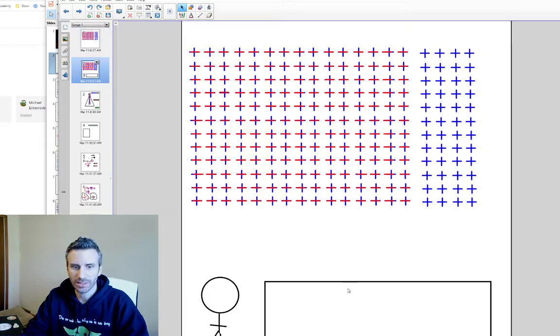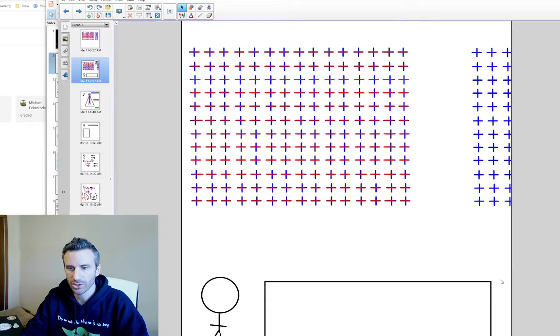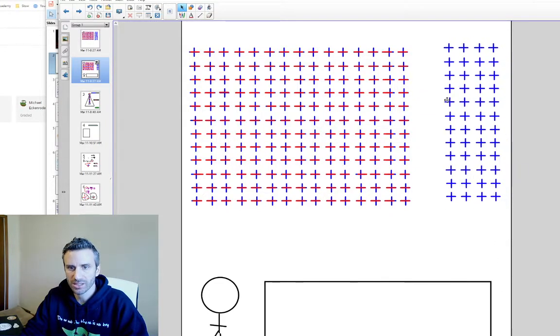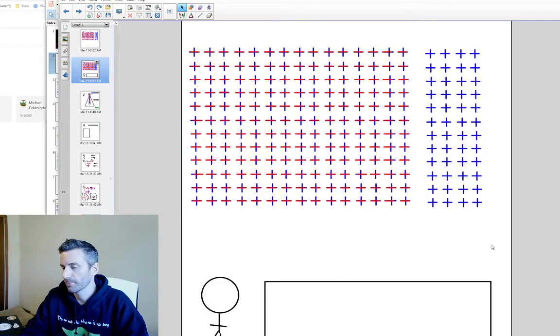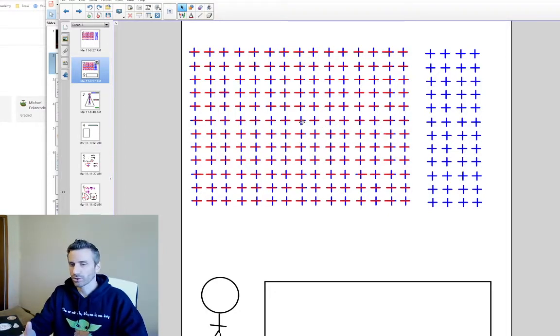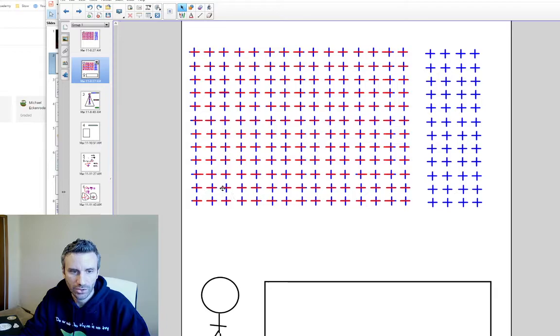Let me show you something slightly different. In this case, I have this positively charged object, and I'm going to bring it in proximity to this object. This is a different type of object. Watch, it's going to be different. In this case, again, the electrons are attracted to the protons. So the electrons will come over.